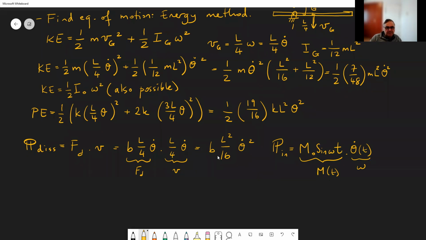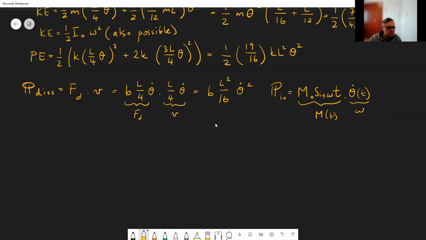Okay, now we have written all these terms. Now we can find the equation of motion, which is that the time rate of change of energy in the system is the input power minus the dissipated power. The energy is kinetic plus potential energy.